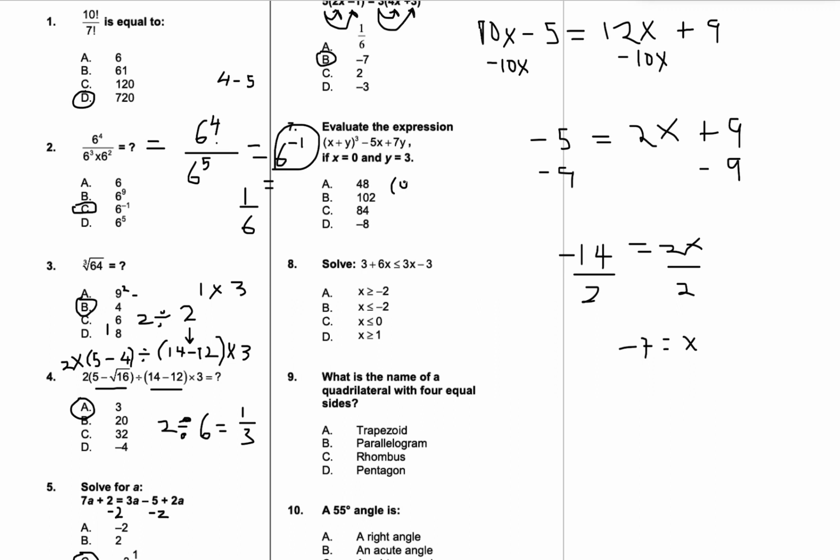So it'll be 0 plus 3 cubed minus 5 times 0, because we know x is 0, plus 7 times 3.